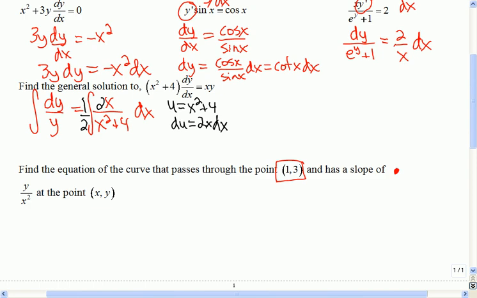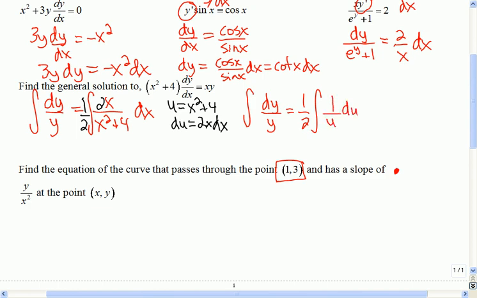Some of you might be at the stage where you no longer need to substitute, but just for this first example anyways, I'll use the substitution. So this would be the integral of 1 over y dy, and this will be 1/2 the integral of 1 over u du.